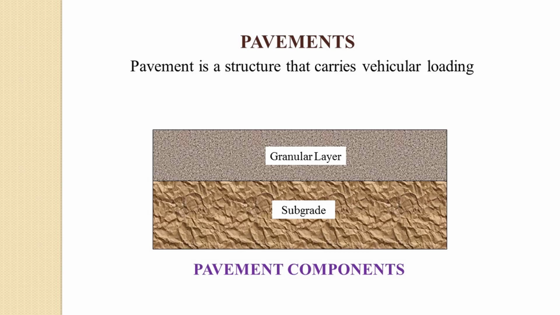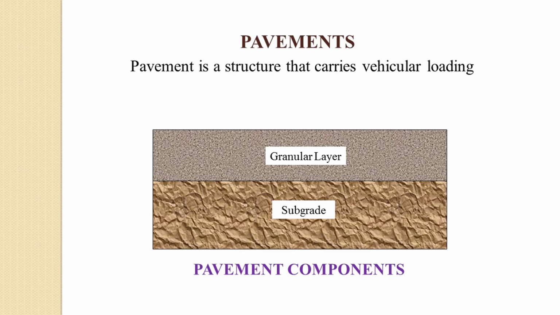One is subbase, other is base. The base was originally called WBM, now it is called WMM. WBM means water-bound macadam, WMM means wet mix macadam. Okay? Just the terminology has changed and the method of placement has changed. And these two are the foundations of the pavement.